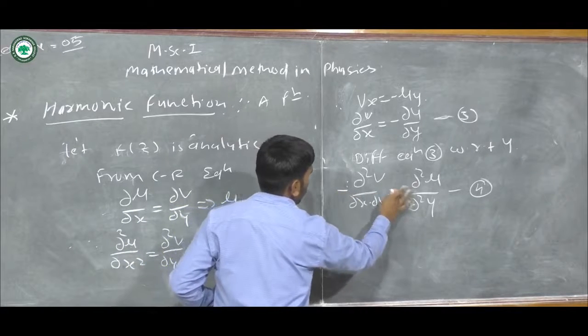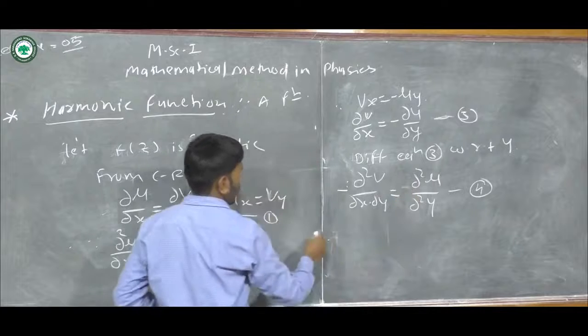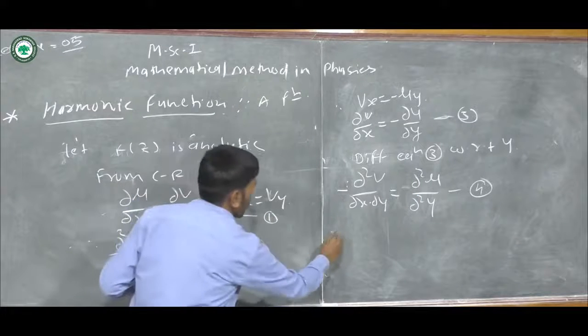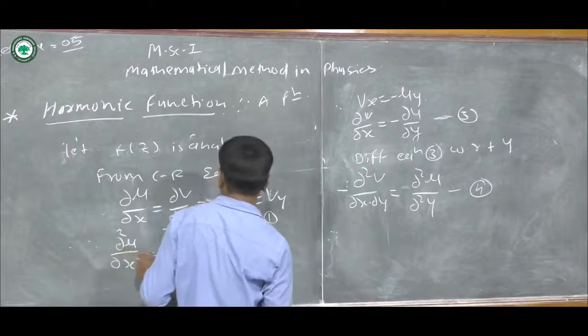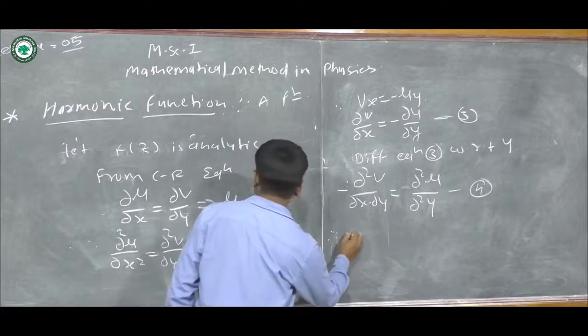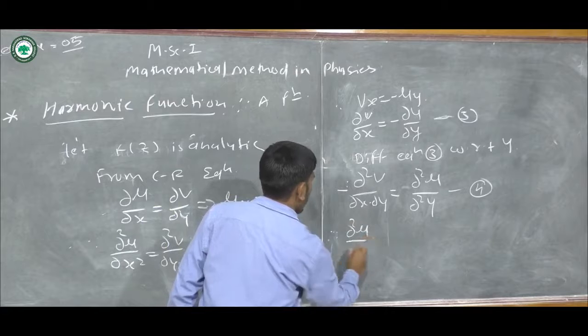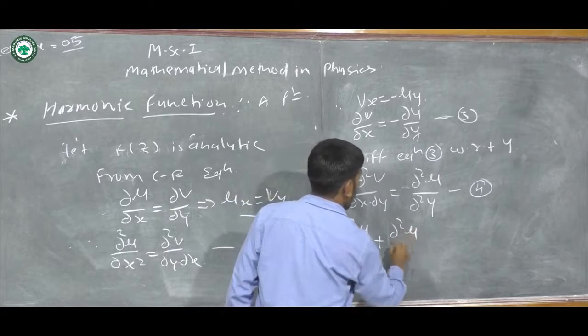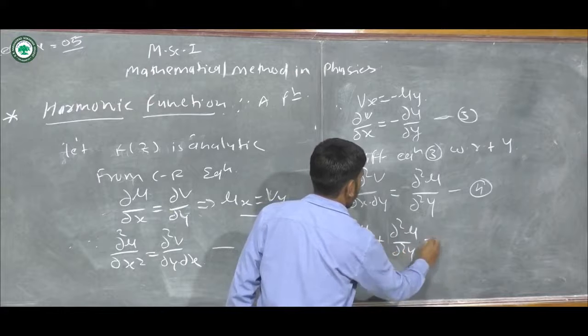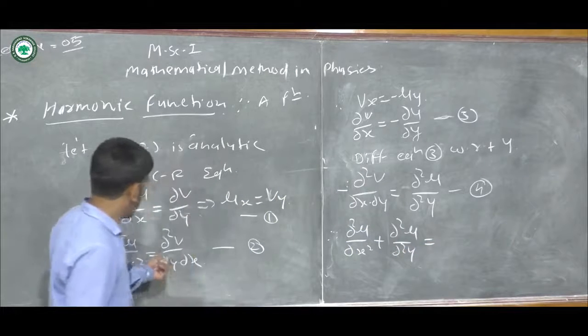So if I add equations 4 and 2, we get dou square u by dou x square plus dou square u by dou square y is equal to these things.